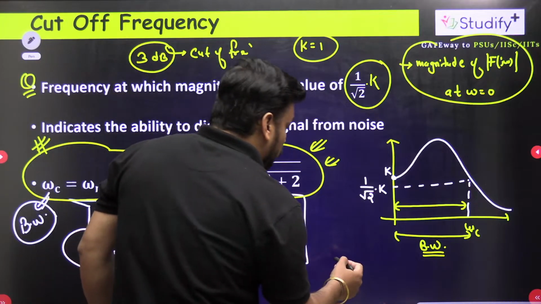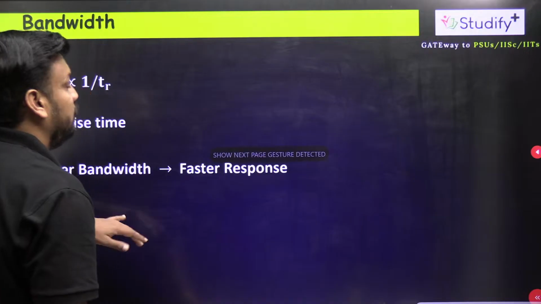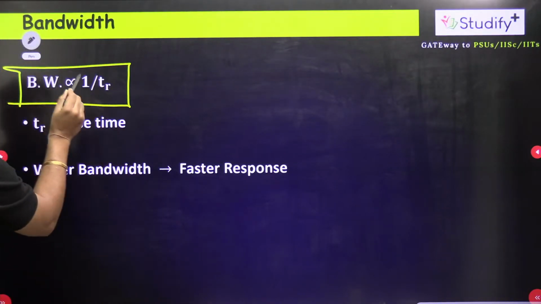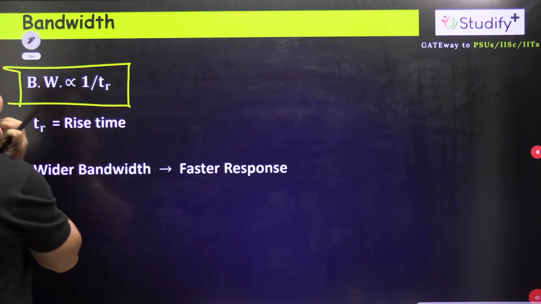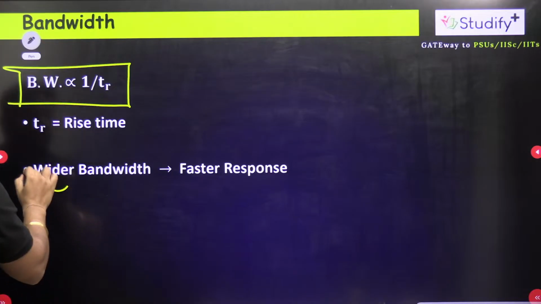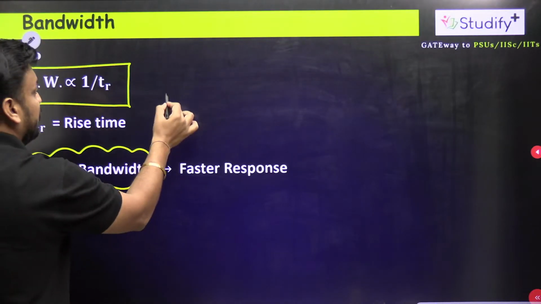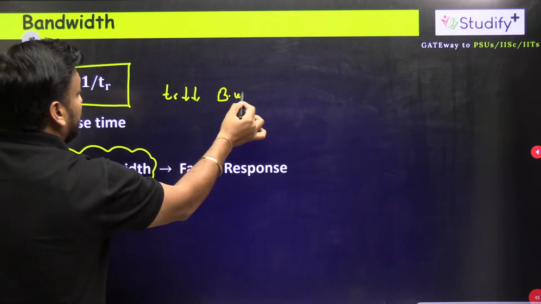And we know one more relation, between bandwidth and time. Bandwidth is always reciprocal to time, so rise time is always reciprocal to bandwidth. If we want wider bandwidth, then TR must decrease. So if TR decreases, your bandwidth is going to increase.